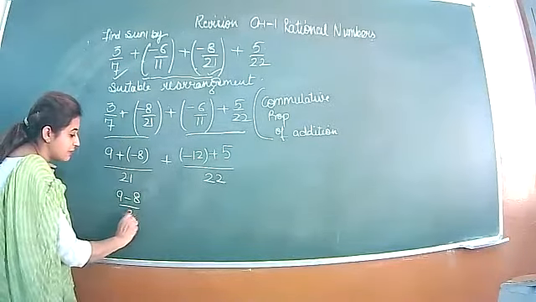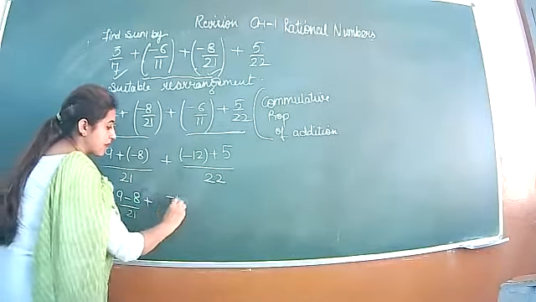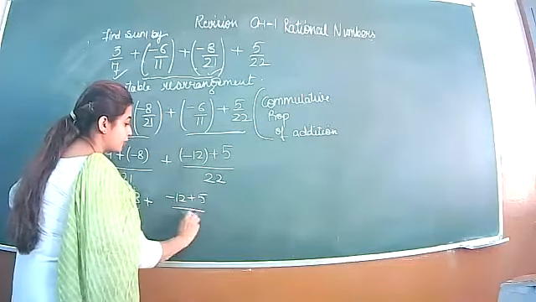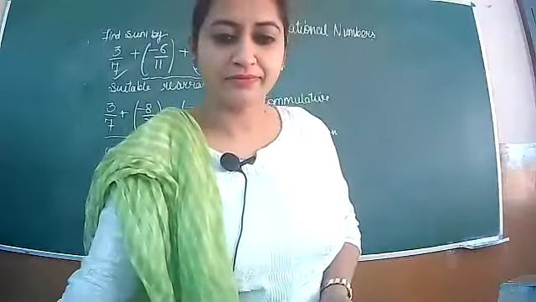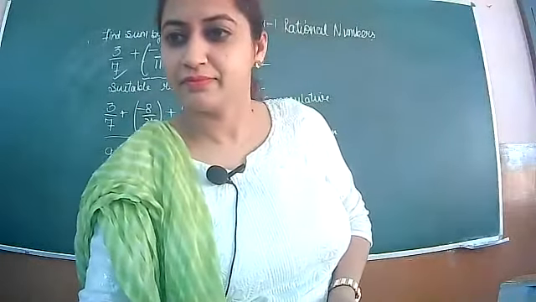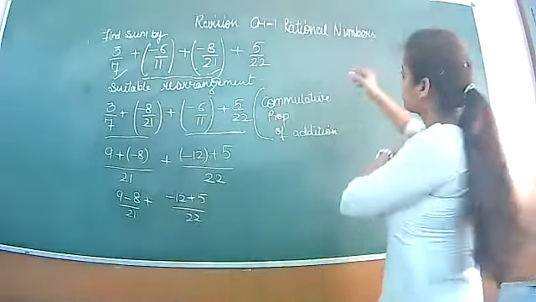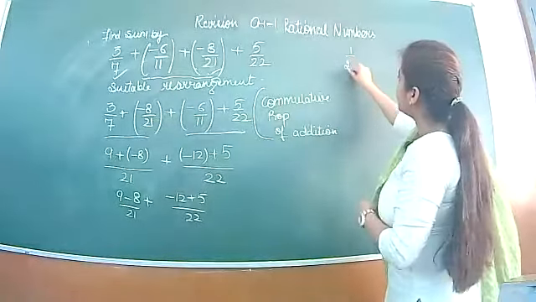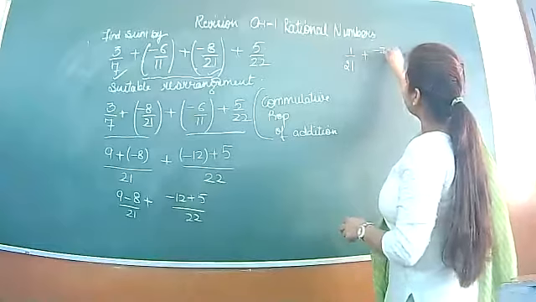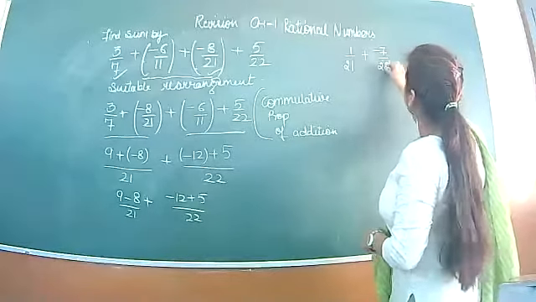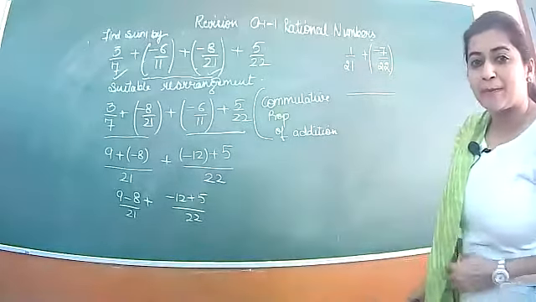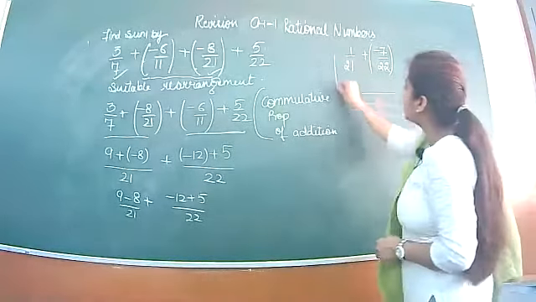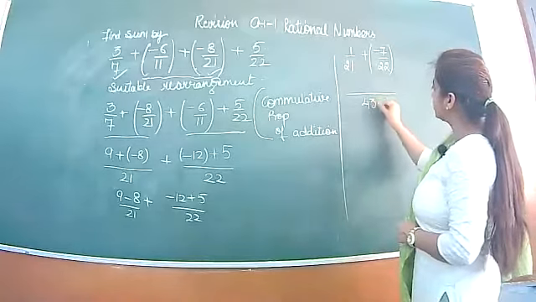9 minus 8 by 21. This is minus 12 plus 5 upon 22. So after solving these two terms, 1 by 21 plus minus 7 by 22 you are left. Now take the LCM of these two terms. By prime factorization, you will find the LCM, that is 462.